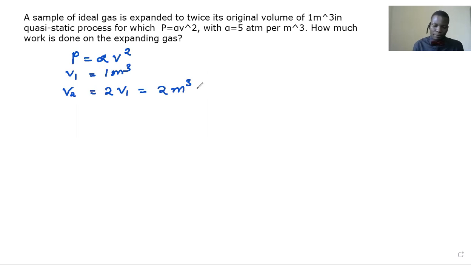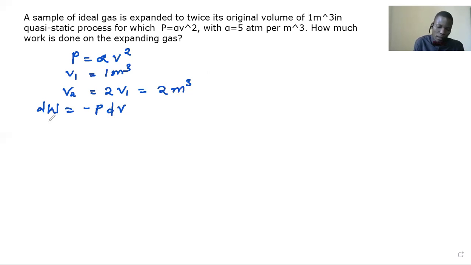Now, how do we get the work done? So this is a quasi-static process, so we say the small change in work done is equal to P times the small change in volume, because it's volume that is changing here.